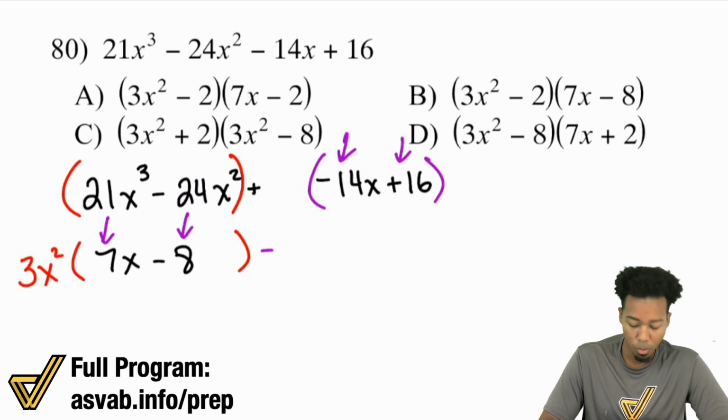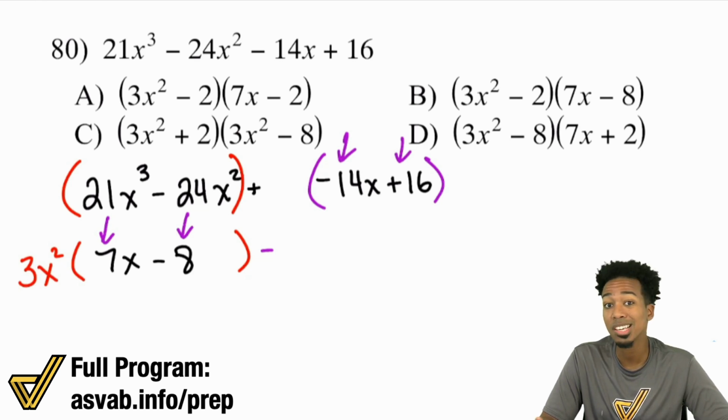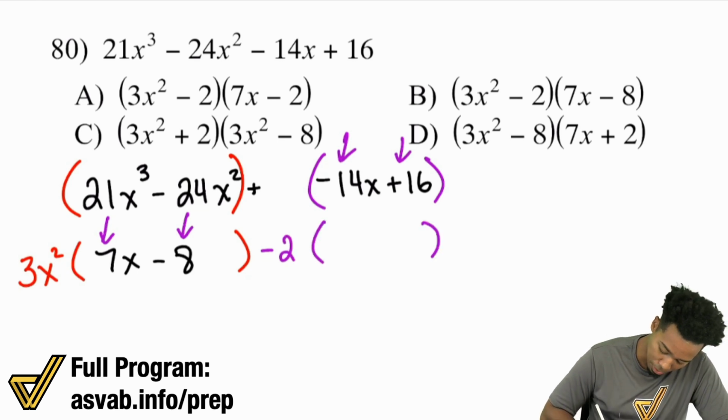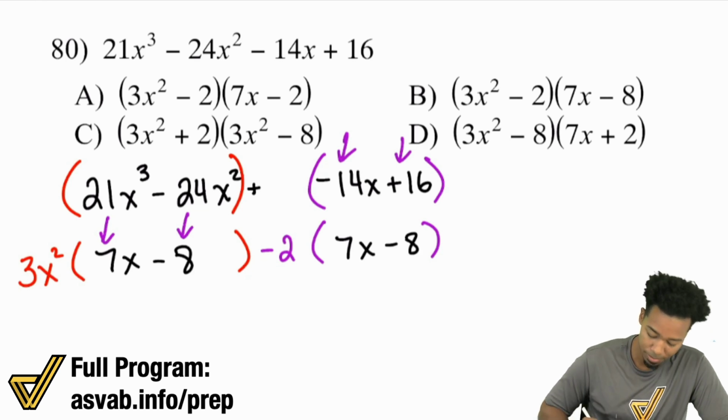Next up, 14 and 16, what do they share? Well, they share a 2. 2 goes into 14 7 times, 2 goes into 16 8 times. So I can pull out the 2, and inside the parentheses, negative 14x divided by negative 2 is a positive 7x. 16 divided by negative 2 is a negative 8.